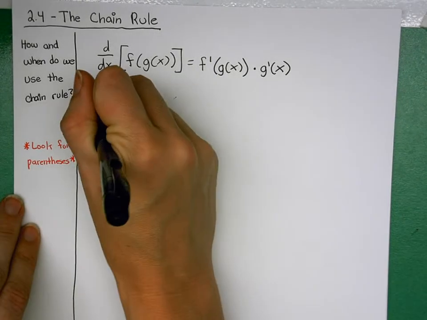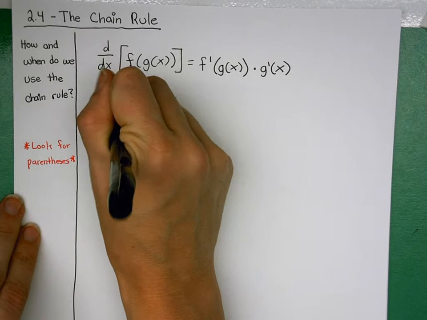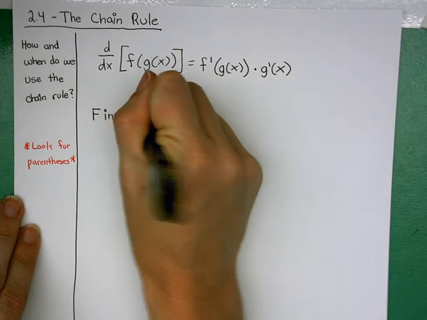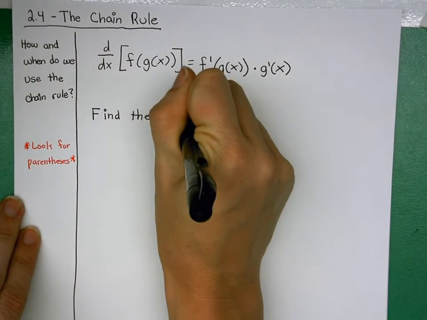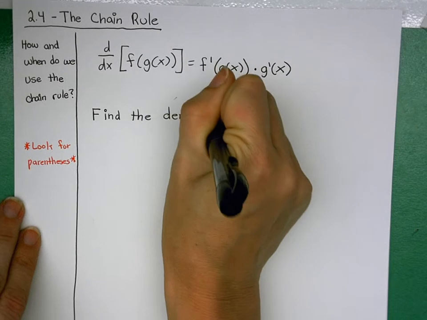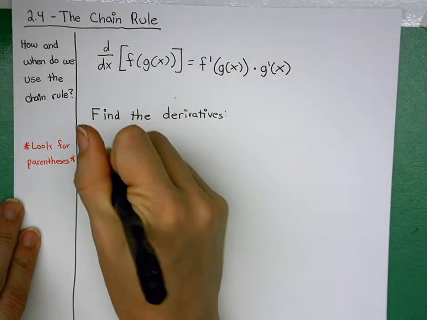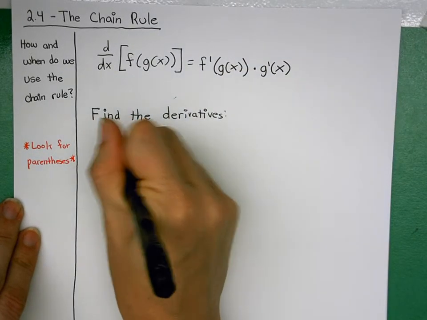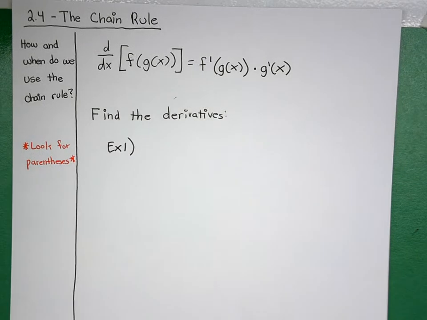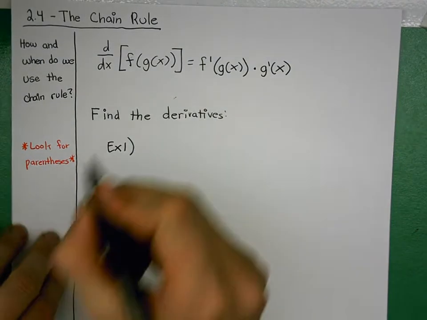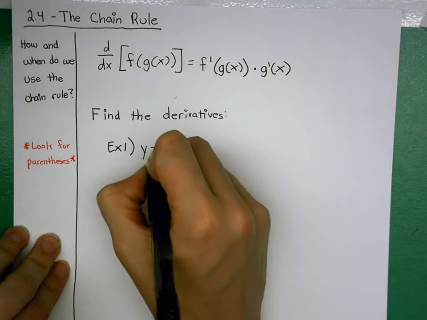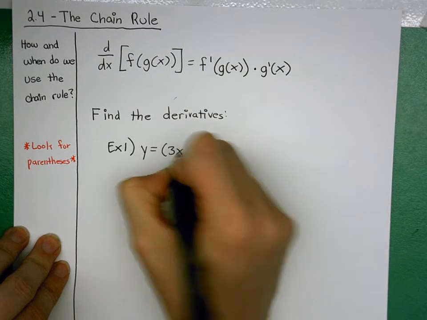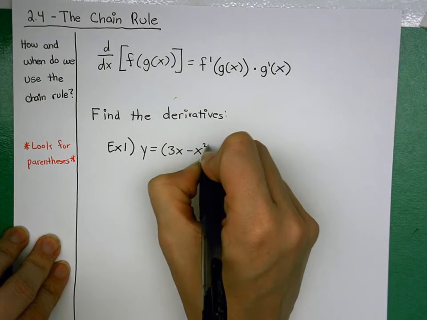All of our derivatives, or sorry, all of our examples are going to have the directions, find the derivatives. Okay, and the first one we're going to look at is y equals the quantity of 3x minus x squared to the 5th.